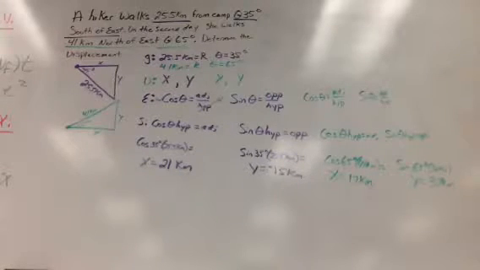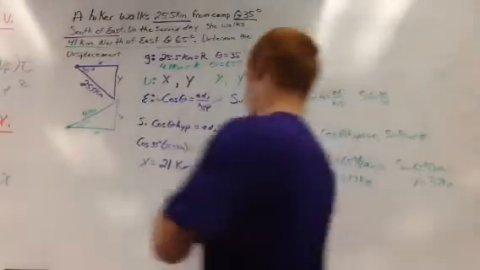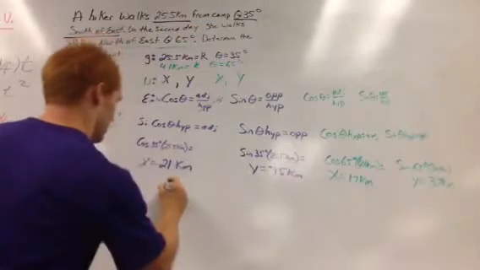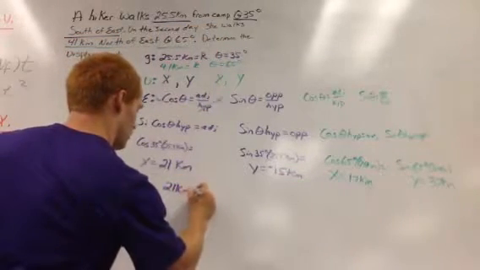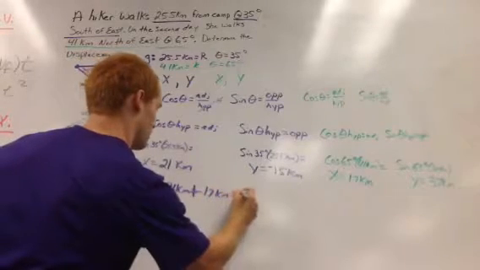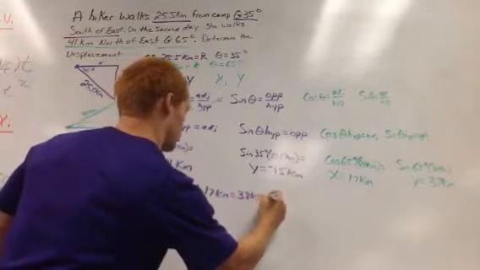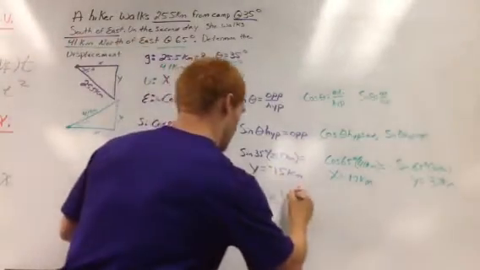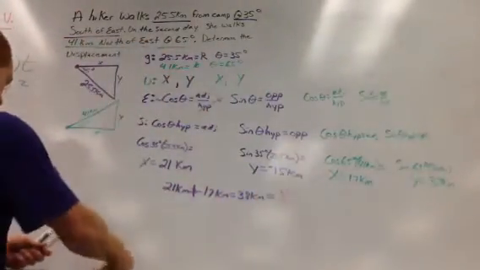Now step 3 is add all your x's, add all your y's. So we're going to take 21 kilometers plus 17 kilometers, that's 38 kilometers. This is our x value. I'm going to draw that in a different color because it's going to represent a new triangle.